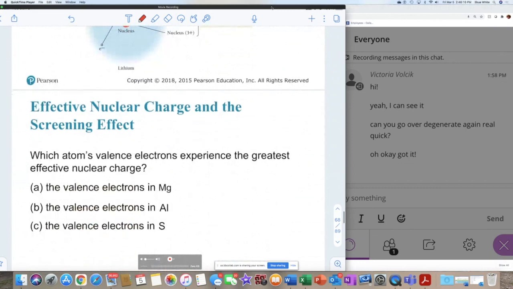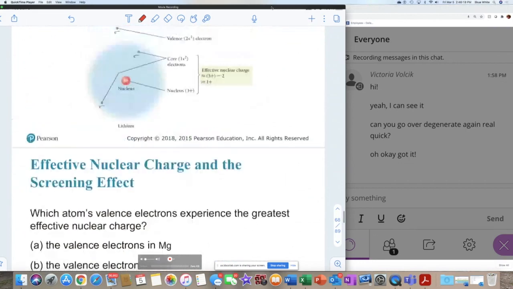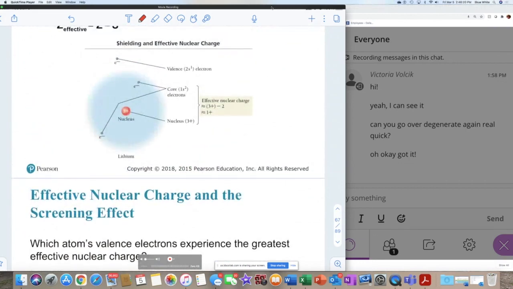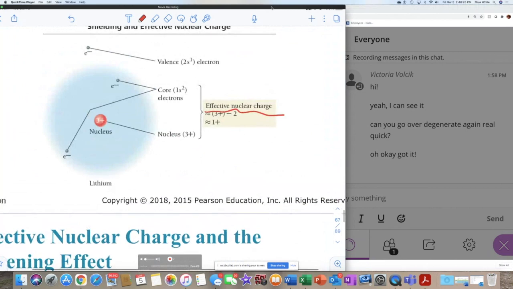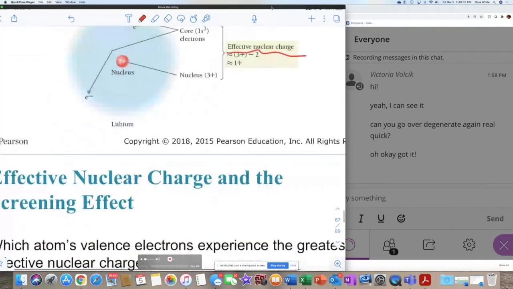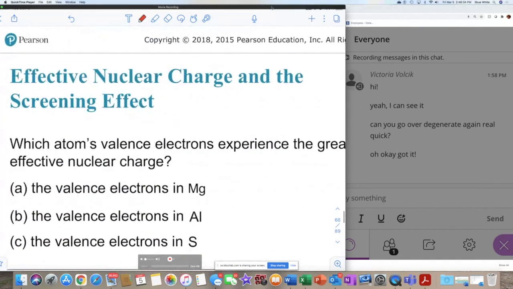I've already talked about the effective nuclear charge, so I won't go into that part again. You can see right here, they talk about the effective nuclear charge, the charge experienced by the valence electron. Once again, this helps you answer the more complicated questions about effective nuclear charge. For example, right here, we have an effective nuclear charge and the screening effect.